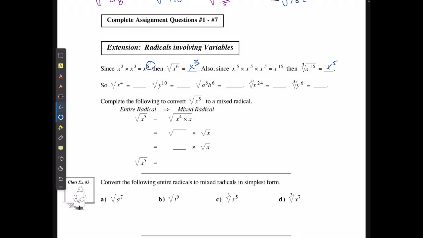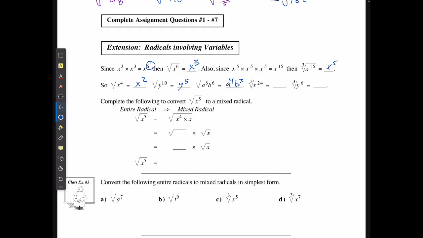So all I'm doing is I'm actually just dividing the exponent by the index. If I have 6 divided by 2, I get 3. If I have 15 divided by 3, I get 5. So here, if this is an imaginary 2, then 4 divided by 2 is x squared. 10 divided by 2 is y to the 5. 8 divided by 2 is a to the 4, and 6 divided by 2 is b to the 3.